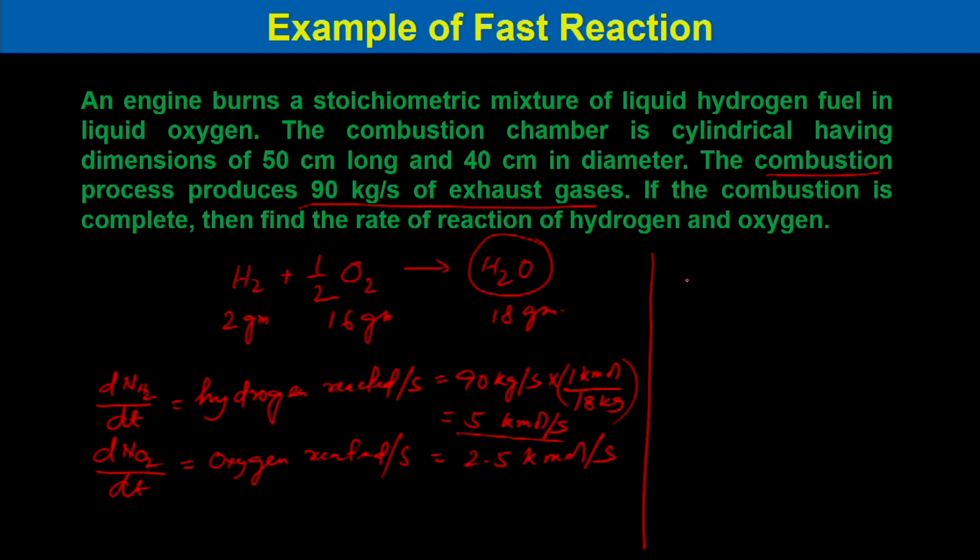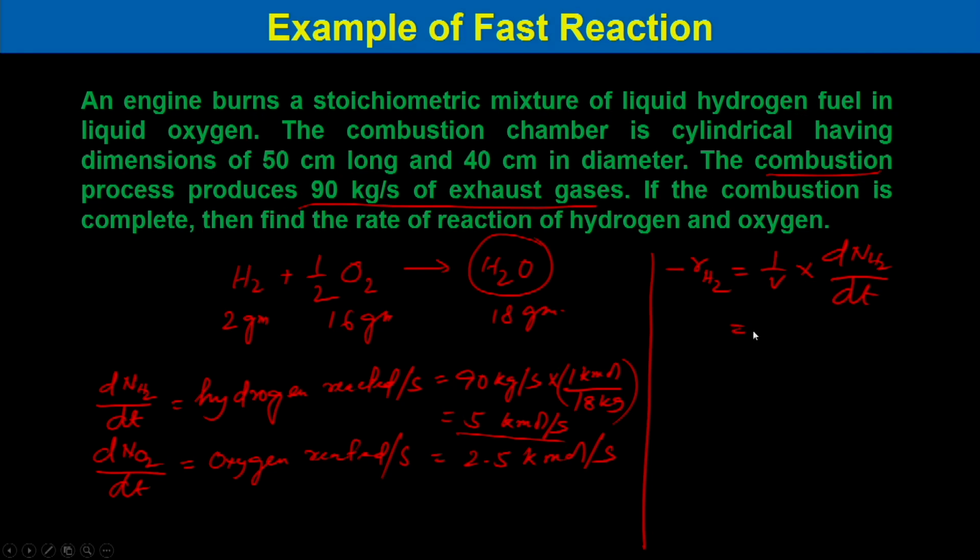reaction rate of hydrogen, minus R_H2, would be equal to 1 by V into dNH2/dt.